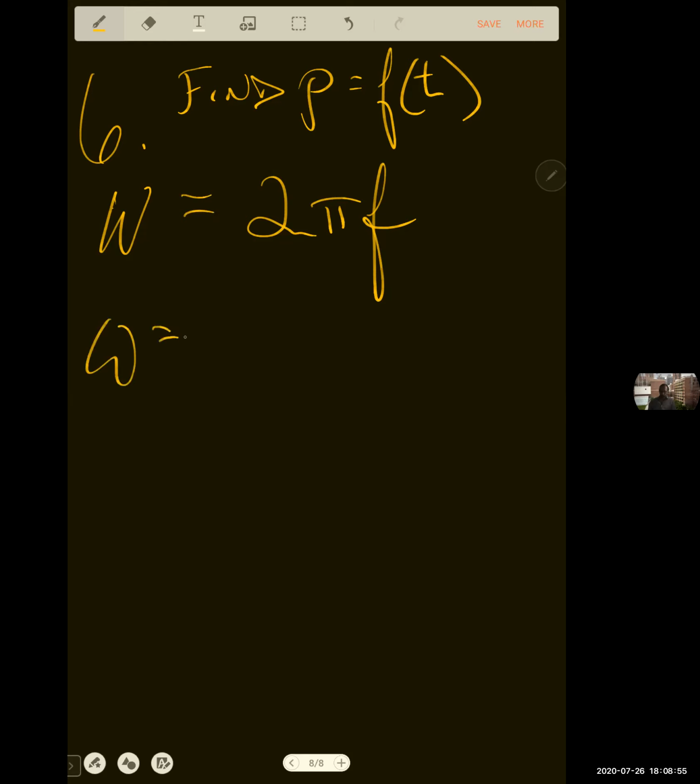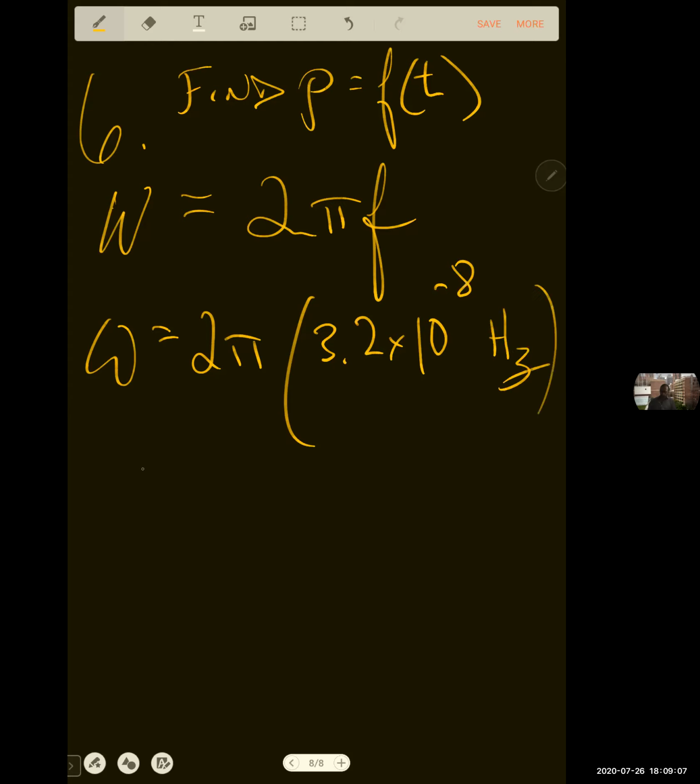So the angular frequency is just 2 pi times whatever we just got, 3.2 times 10 to the negative 8th hertz. Okay, so omega, these are all approximate, I should say, equals approximately 2.014 times 10 to the negative 7th radians per second.